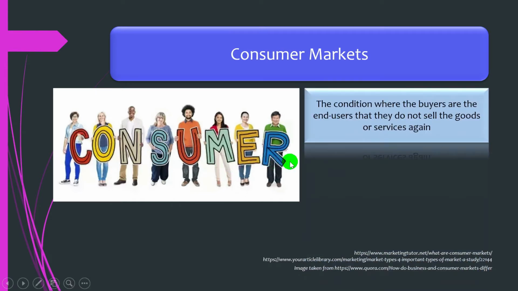Consumer is the condition where the buyers are the end users, who buy things not to sell again. They really buy things only to fulfill their needs, so they are not going to sell again what they have bought.